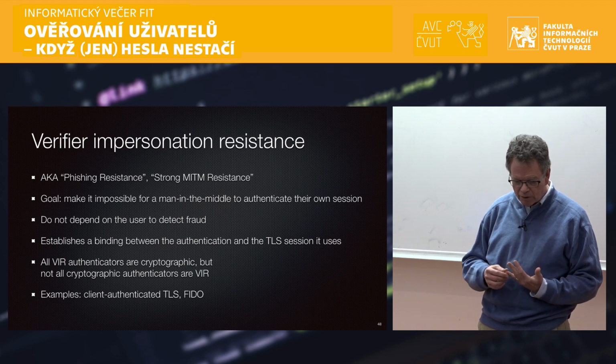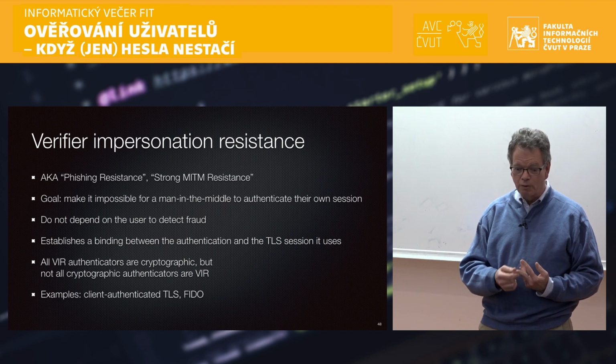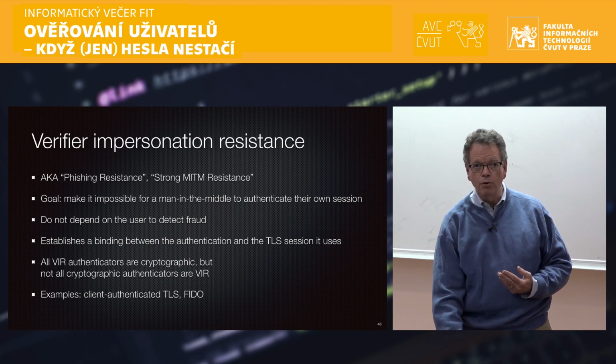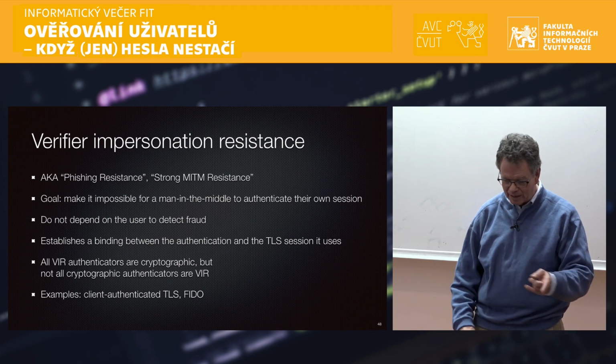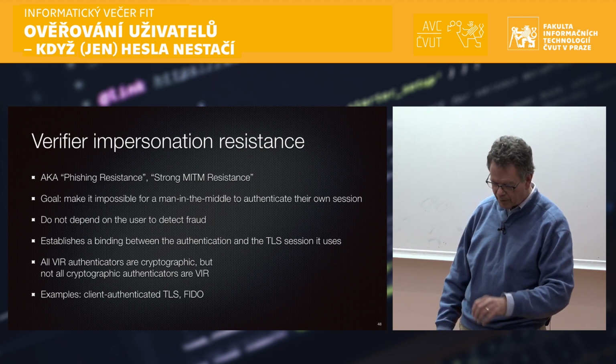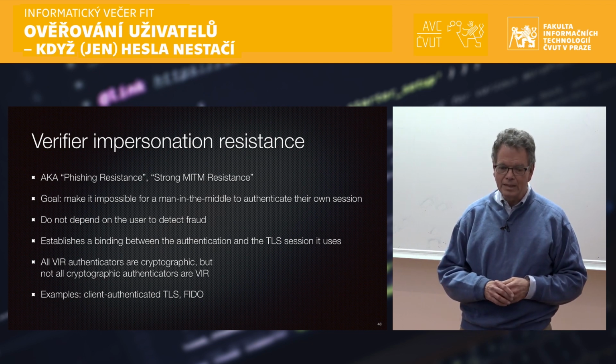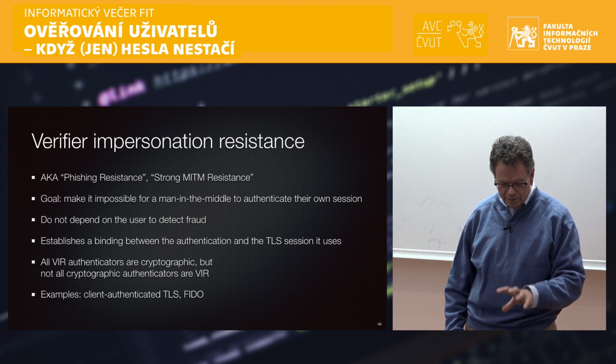So what this requires is a cryptographic authenticator that's directly connected to your endpoint, because it has to be able to access the information about the secure session that you're connecting through.